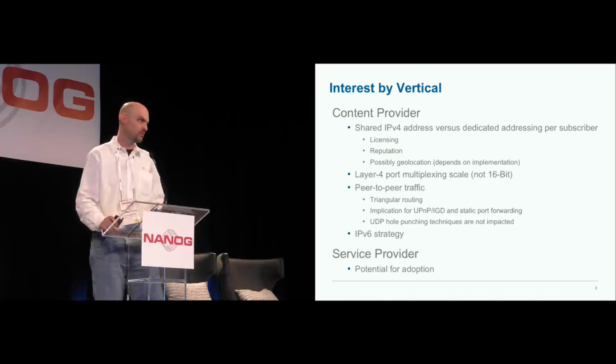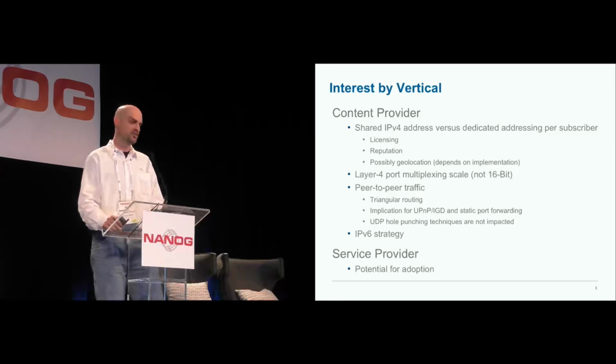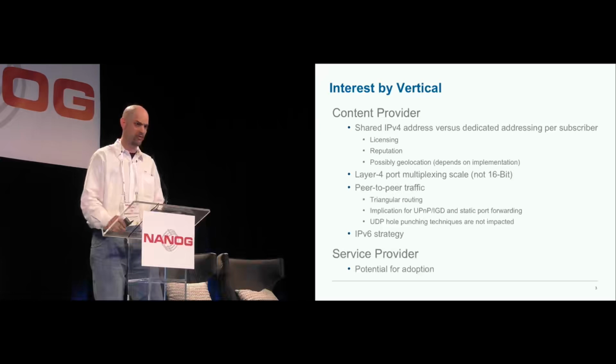Those of you who work for service providers, especially those who service broadband residential subscribers, I'm very interested in your interest for potential of adoption and helping me move this technology forward and making it more of a standard.